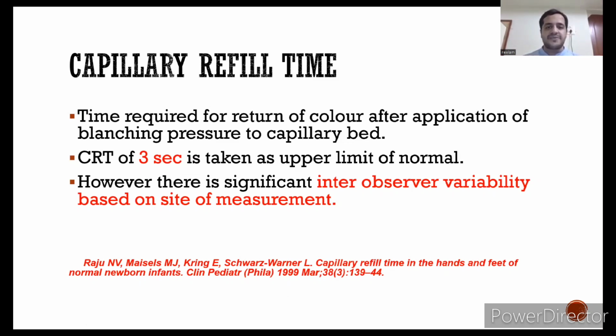When the AP sees it, he will say 4 seconds, and when the HOD sees it, it will be 5 seconds. So there is inter-observer variability. The interpretation varies based on the level of experience of the person who is measuring it. That is the first thing. Second, there is also inter-observer variability based on the site of measurement.